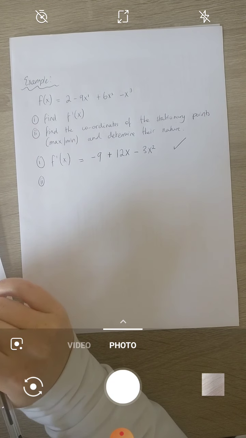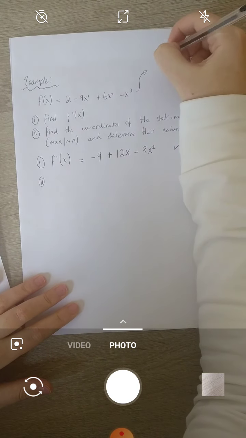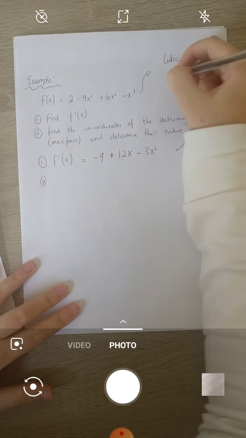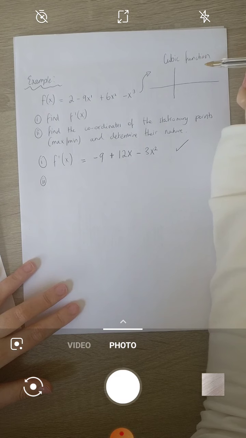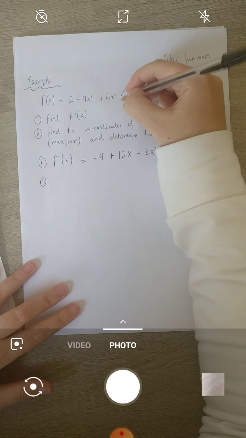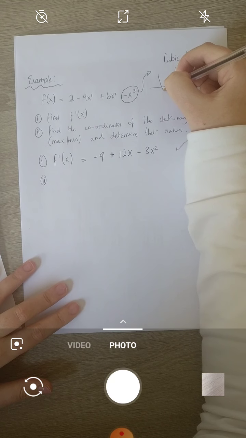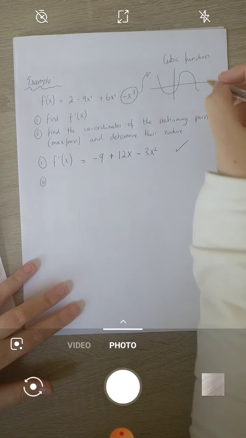What we have to do here is first think about what's happening. This here is a cubic function. Remember, a cubic function, which we did in our functions video, is a function with two curves. Now this is a negative cubic function, so it's going to start by going downhill from left to right and then uphill.